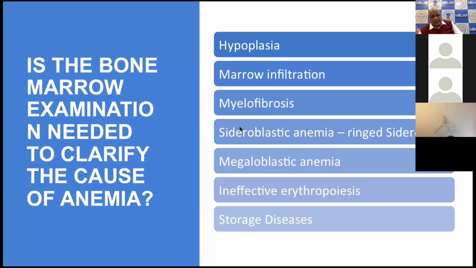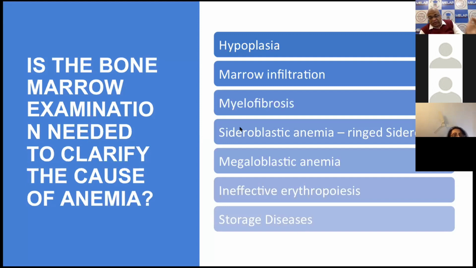In sideroblastic anemia, you find ring sideroblasts when you stain bone marrow slides with Perls stain, iron stain. Megaloblastic anemia. See, we perform bone marrow aspiration or biopsy in megaloblastic anemia not only to diagnose B12 or folate deficiency, that we can diagnose with serum levels also.